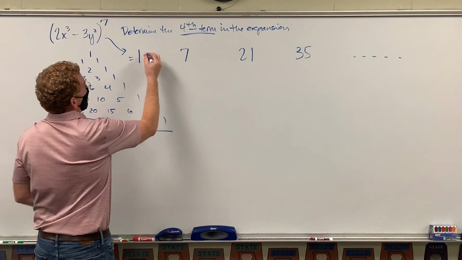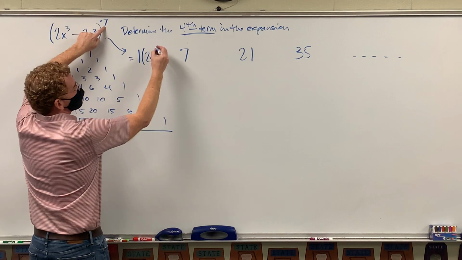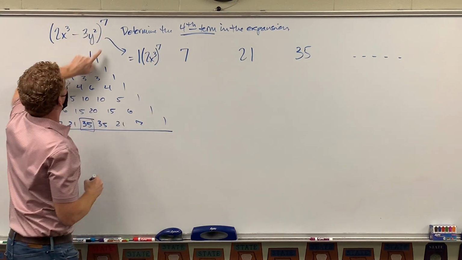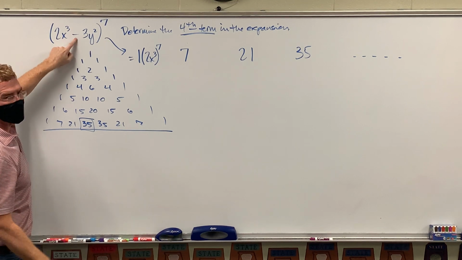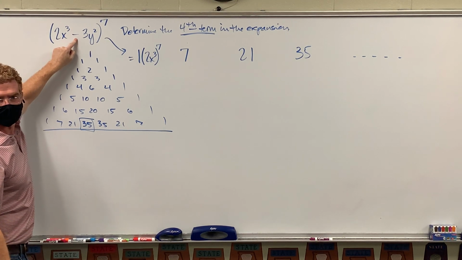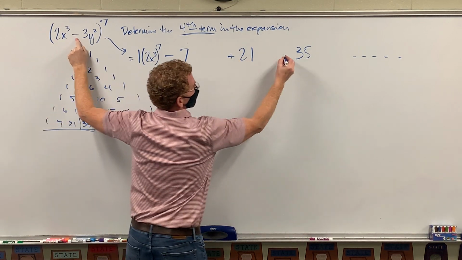And then my A term is this, right? So I would have had that to the 7th, and then this to the nothing. And what do you do when it's minus? Plus, minus, plus, minus.